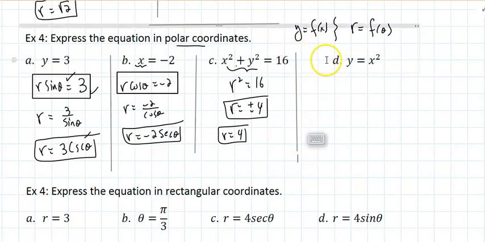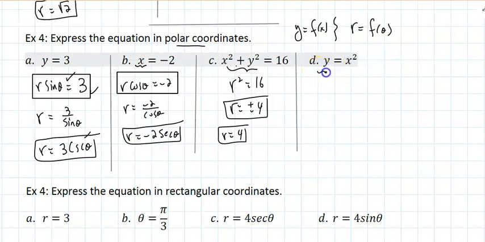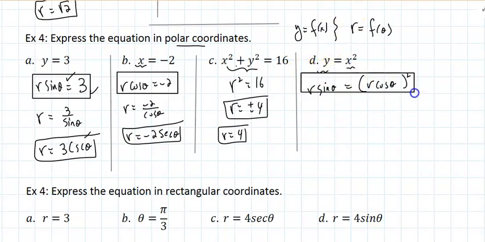And if I move to example D, I will say this is r times the sine of theta. This is r times the cosine of theta. On a test, I am more than happy with this answer. But again, they will solve for r.